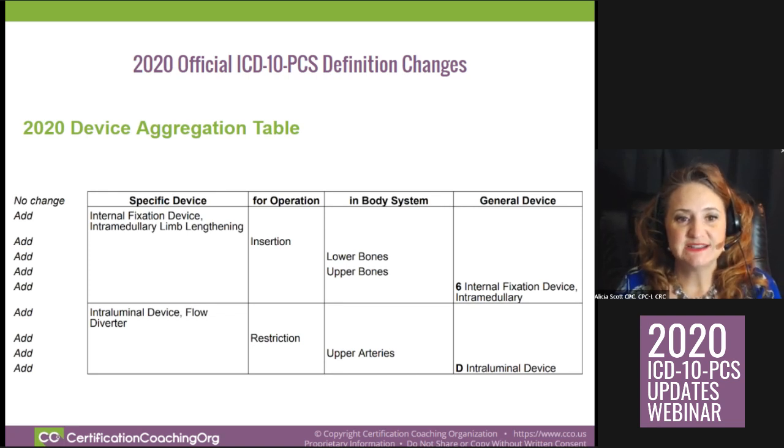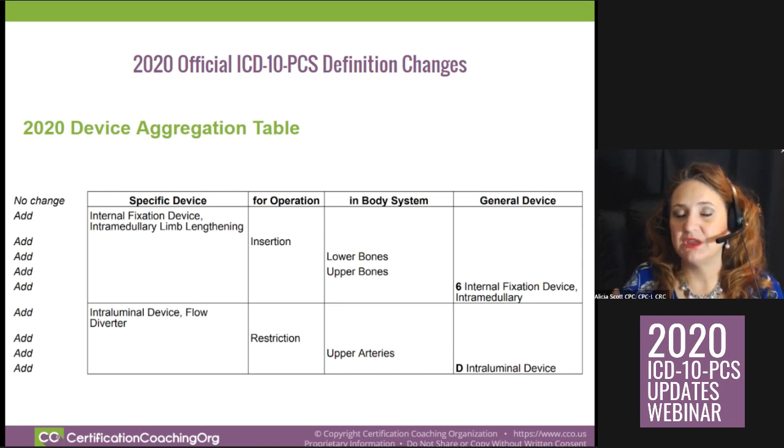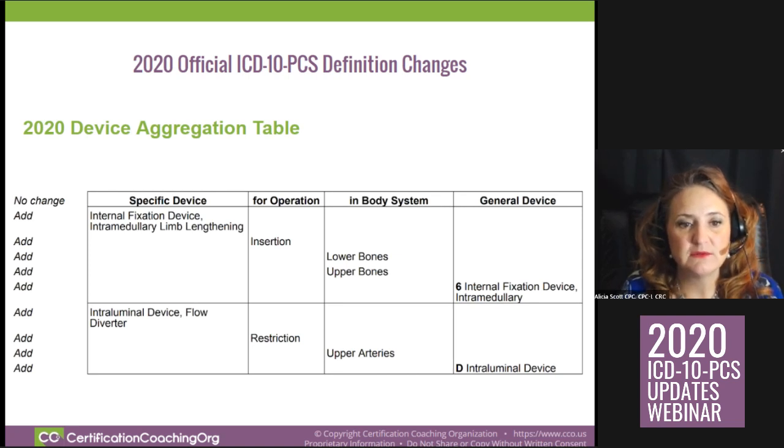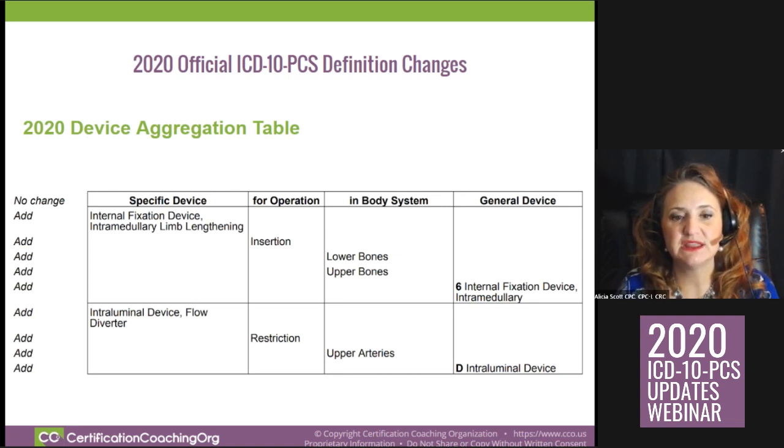With devices, they've continued to add more information, getting to a higher specificity. This is going to be an area that is always increased every year. So for internal fixation device, now we have an intramedullary limb lengthening.